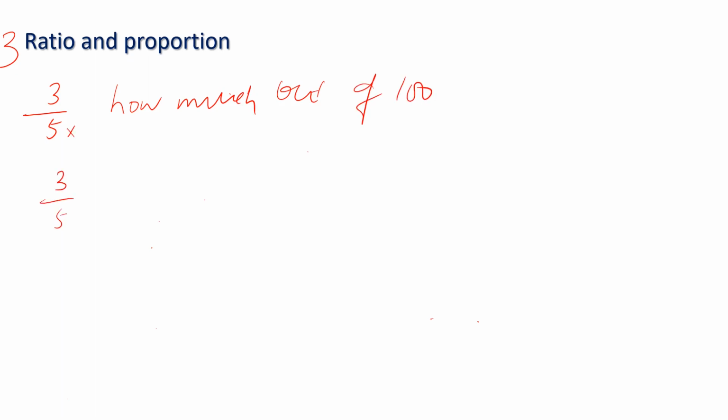So 3 upon 5 will be multiplied by 20, both numerator and denominator, and we'll write 60 upon 100. Naturally that will be turned into 60%. Okay, this way we can convert ratio into percentage, and the requirement comes every now and then.